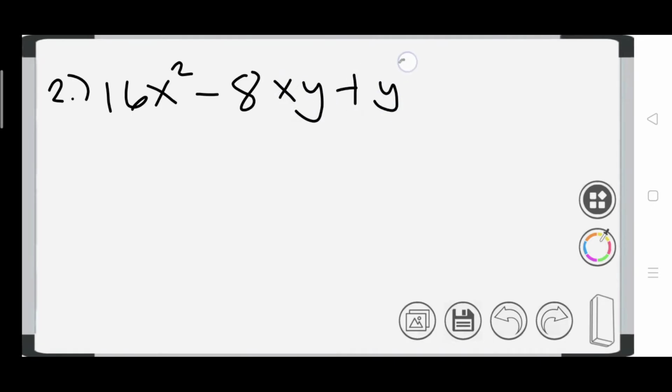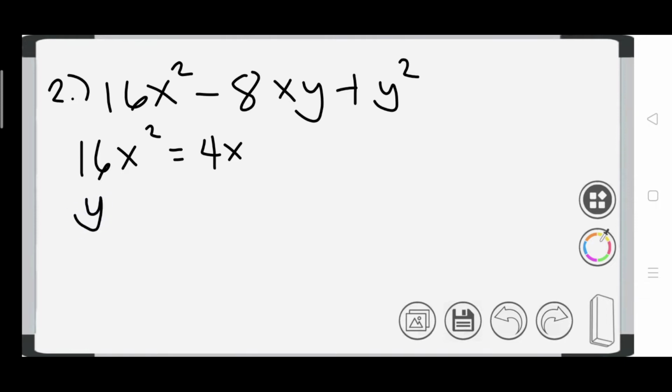We have here 16x squared minus 8xy plus y squared. So, i-observe din natin ulit. So, meron tayong first term na perfect square. So, ang square root niyan ay 4x.